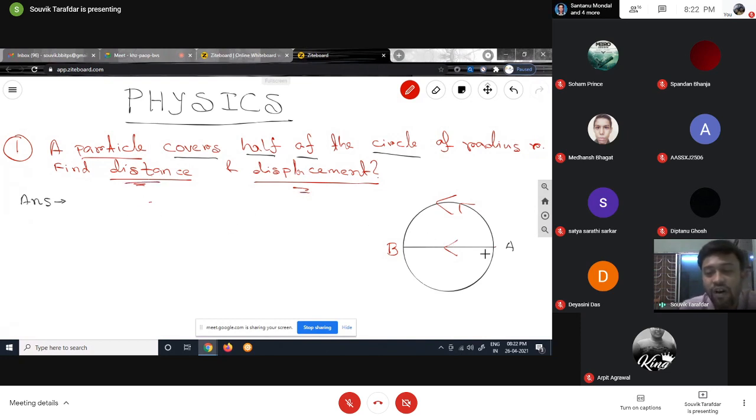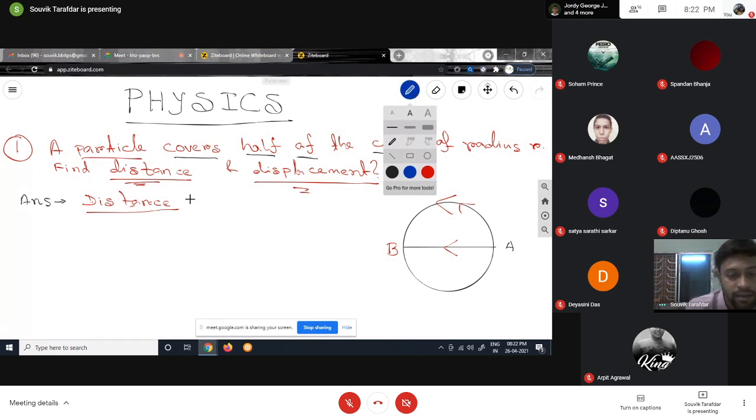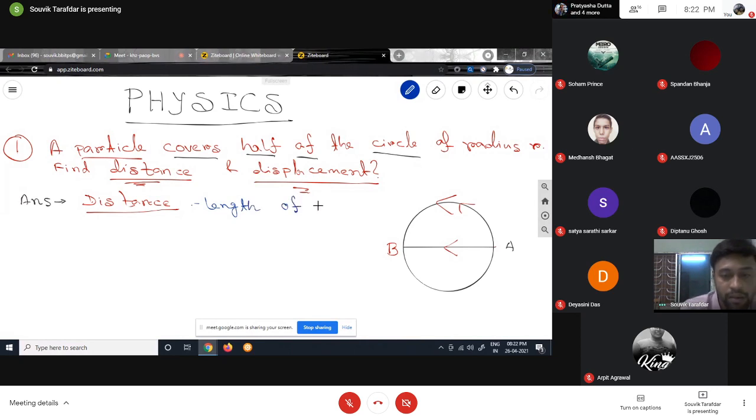Distance is the length of the path traveled. Students, you are understanding my handwriting, no? Students, please answer. Yes, sir.